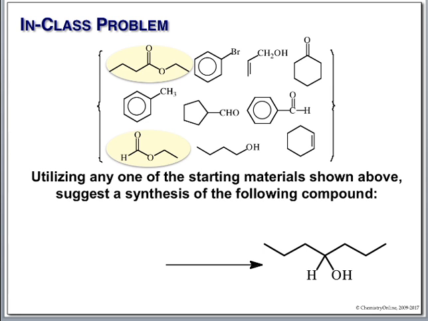If we took this guy and we added 2 moles of Grignard, we would have the original propyl group and then 2 other things dangling out. Here we only have hydrogen and 2 things.